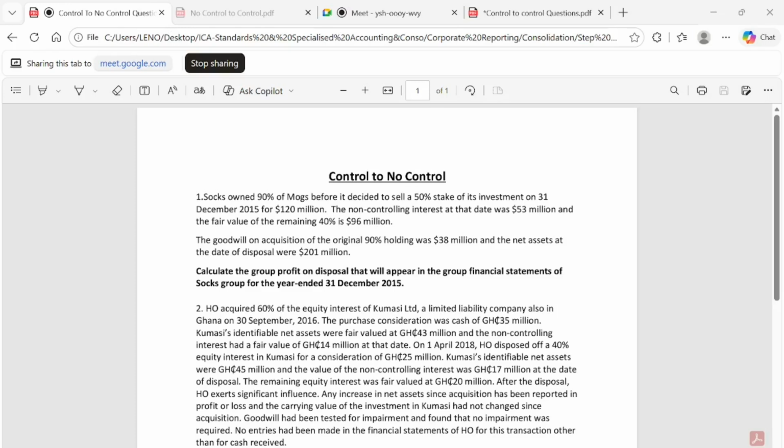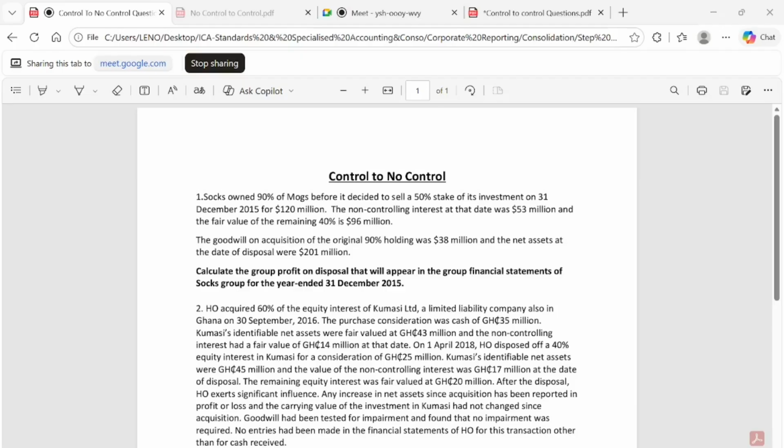The goodwill on acquisition of the original 90% holding was 38 million, and the net assets at the date of disposal were 201 million. Calculate the group profit on disposal that will appear in the group financial statement of Sox Group for the year.